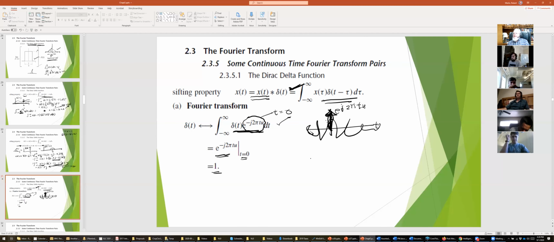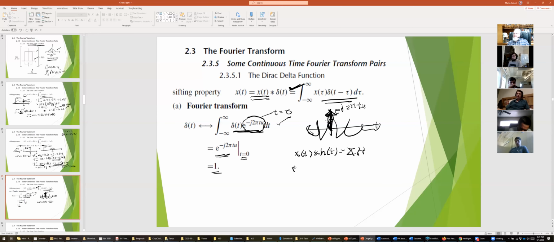So we can use the sifting property of the Dirac delta to define the Fourier transform of the Dirac delta. Now you'll notice we said that x of t convolved with h of t is equal to the Fourier transform, and we will always use capital letters for the Fourier transform.